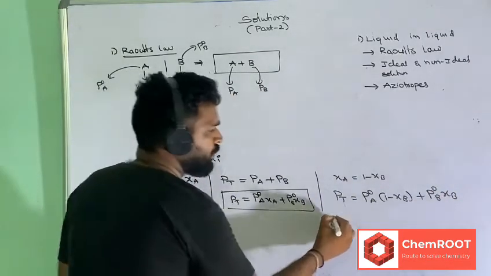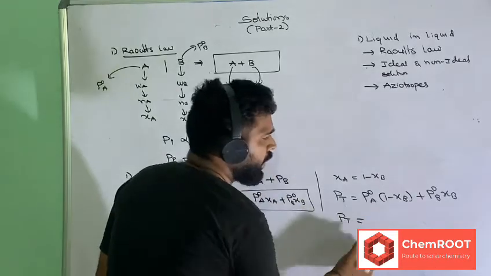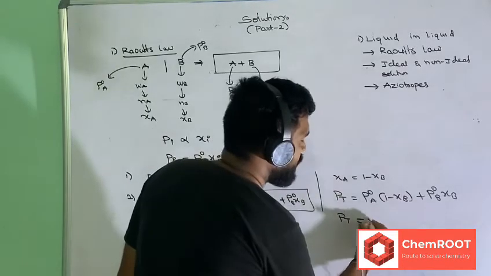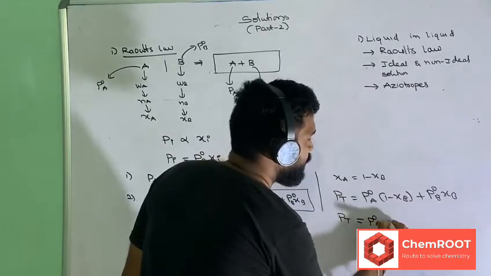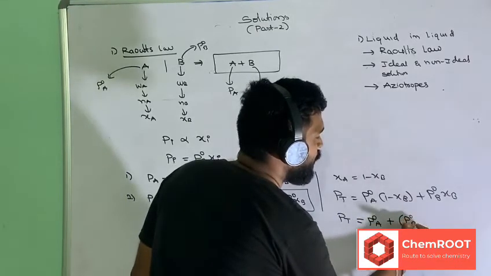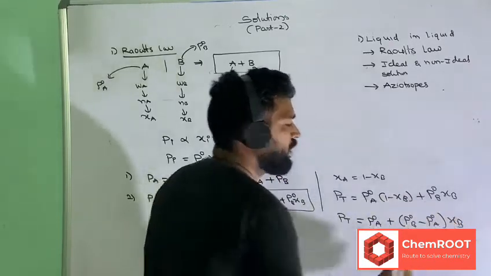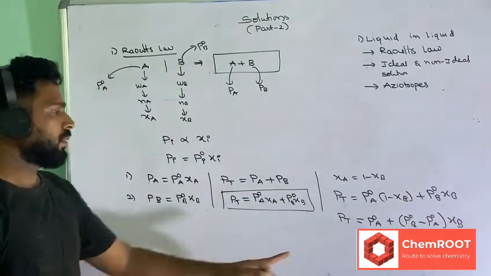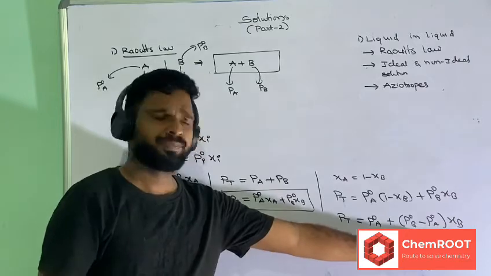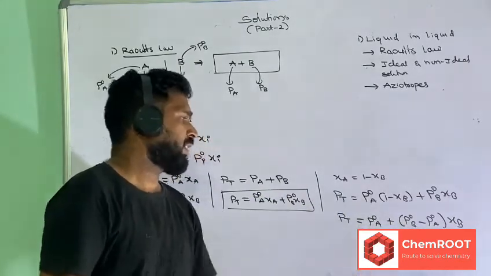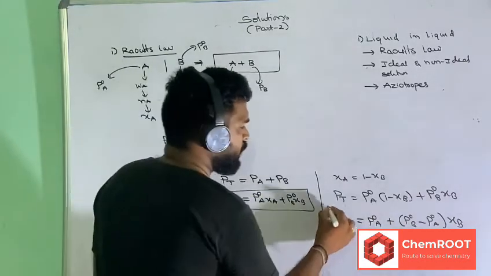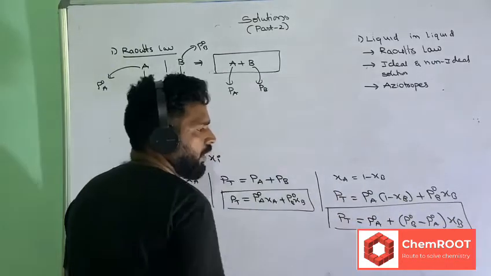We can write this as P naught A plus (P naught B minus P naught A) times chi_B, where chi_B is the mole fraction of B. In terms of the mole fraction of B, we have written it like this. This is one important equation.